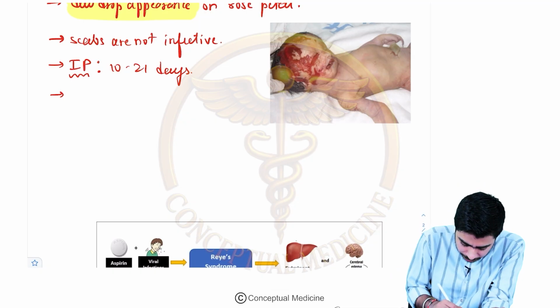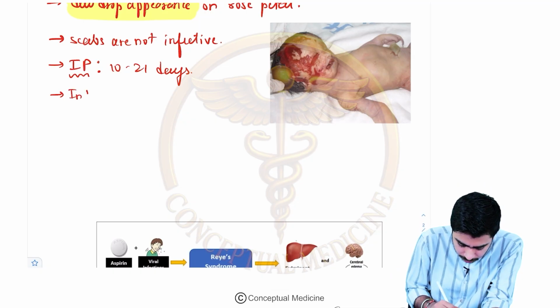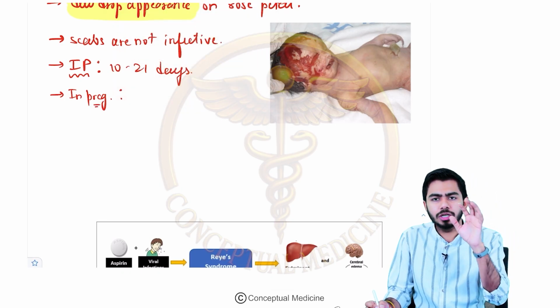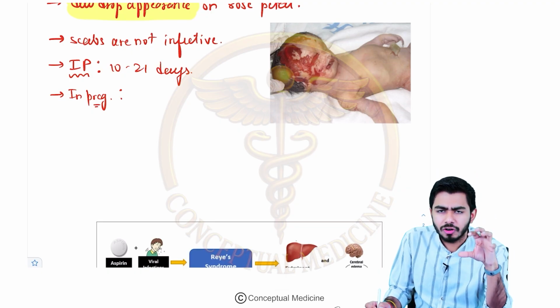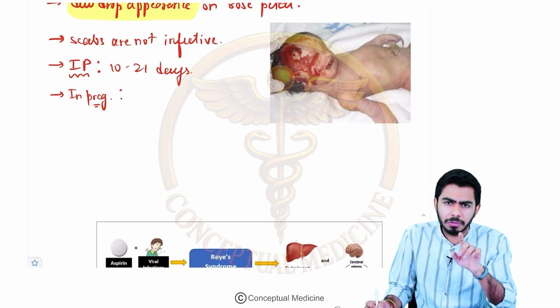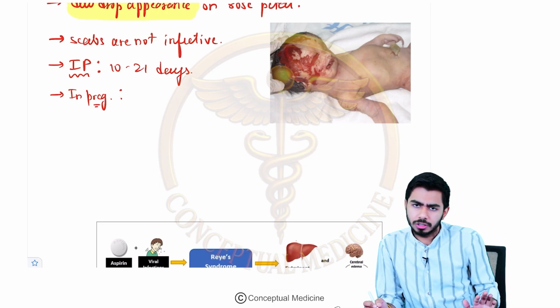So guys, in pregnant females, we might see the congenital varicella syndrome. If pregnant females get this particular virus before 20 weeks, it might be fatal for these patients.